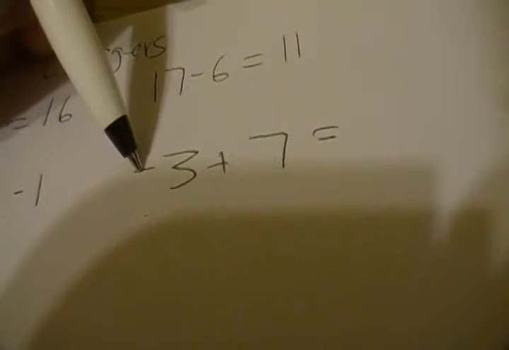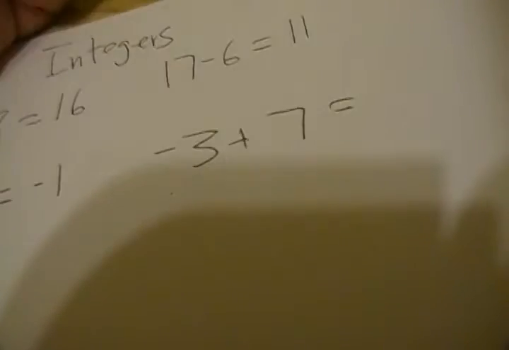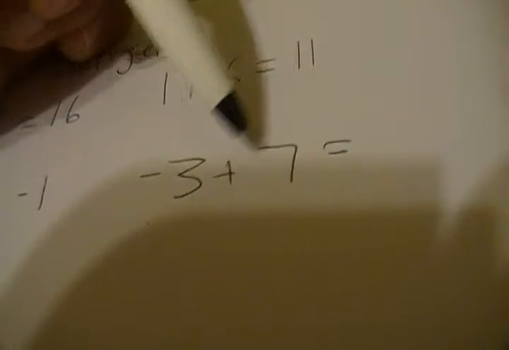Okay. What if you have -3 plus 7? Again, let's look at the signs. They're opposite, right? So that means we're going to have to subtract these two numbers. Even if it's -3 plus 7, we can just subtract 3 from 7. What's 7 minus 3? Well, 7 minus 3 is 4.